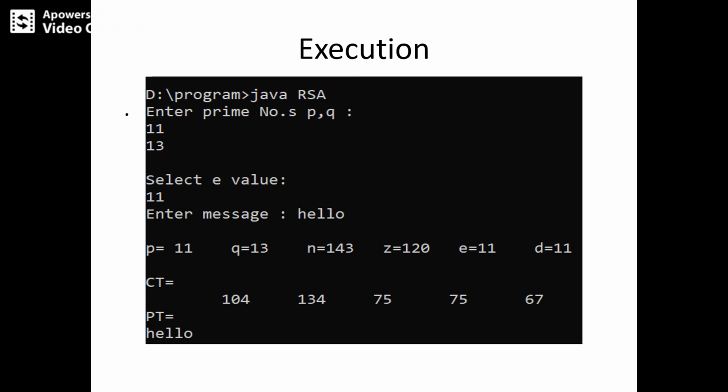H will be, since we had ciphertext 104, we get back the ASCII value and, after converting the ASCII value, the character H. Similarly E for 134, 75 for L, 75 for L, and 67 for O. So this is the plain text we took as input and converted into an encrypted message, that is 104, 134, 75, 75, 67, and we will get back the message HELLO.